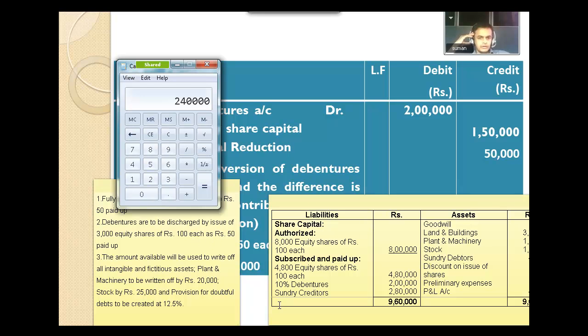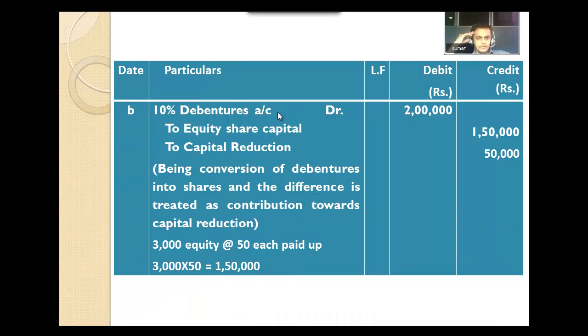So 3,000 multiplied by 50, because the number of equity shares is 3,000 and the paid up value is 50 rupees. It gives us 1,50,000. Our debentures account should be debited with the full amount, that is 2 lakhs.